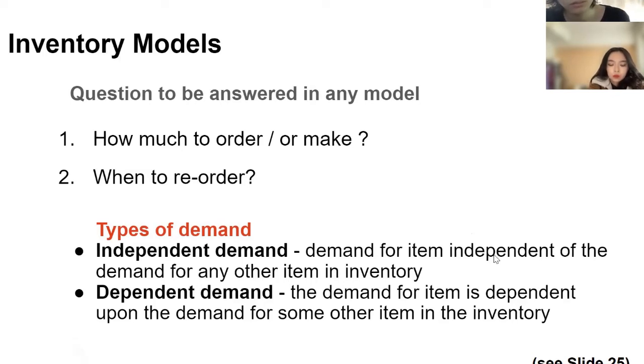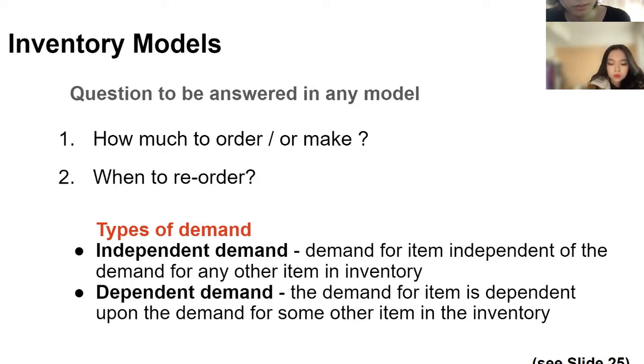That means it is standalone. For example, the demand for repair items, MRO, is independent of any other inventory. If I need one engine, I need that engine to do the repair. It doesn't depend on any other items.